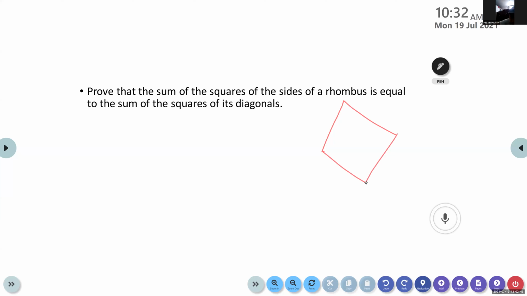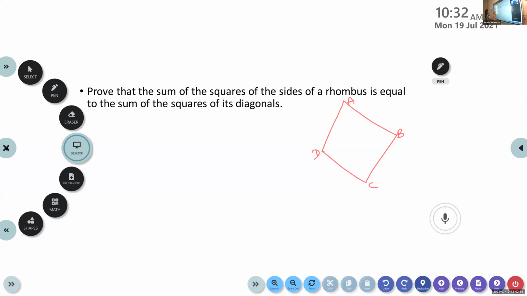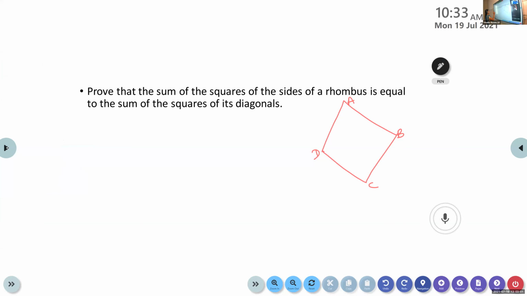So how many diagonals will there be? 2 diagonals. Which are the diagonals? Suppose ABCD is the rhombus. AD is the side.